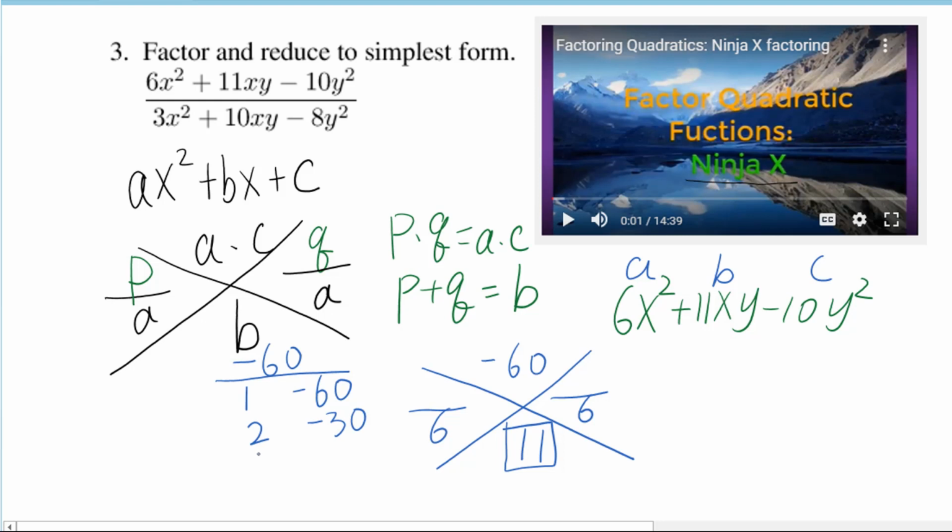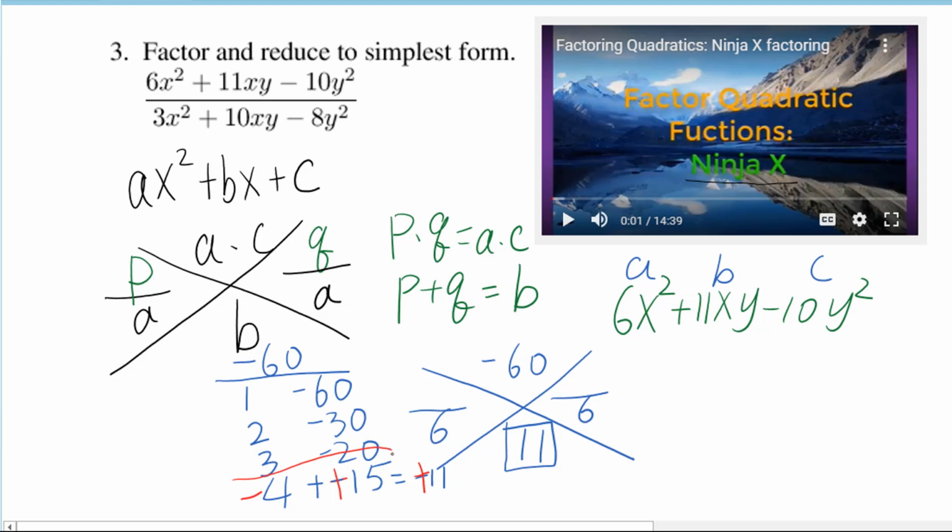Still didn't get 11, so keep going. 3 times negative 20. 4 times negative 15. 4 plus negative 15, we got the negative 11. Therefore, we need to change the sign. We have a negative 4, positive 15. Then we add these two, we get positive 11.